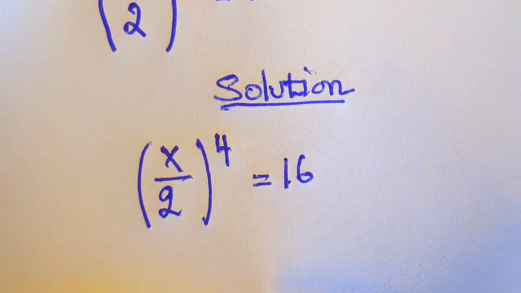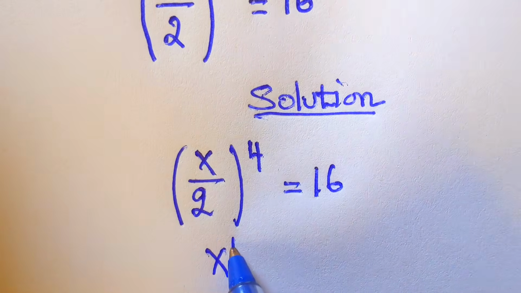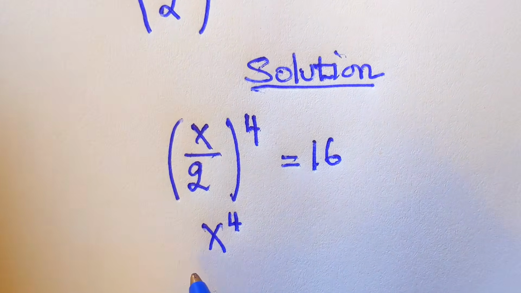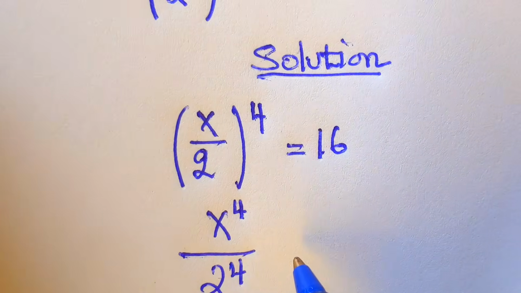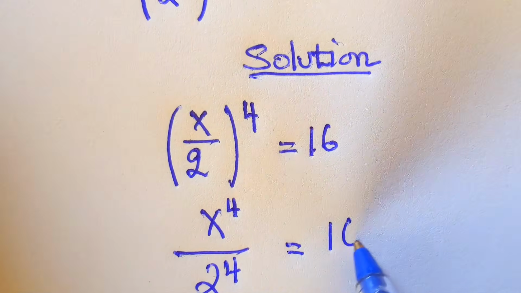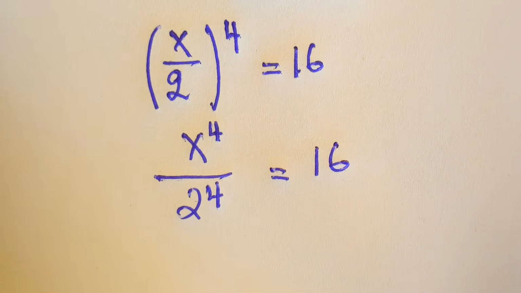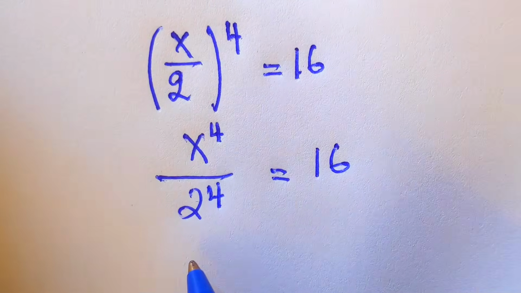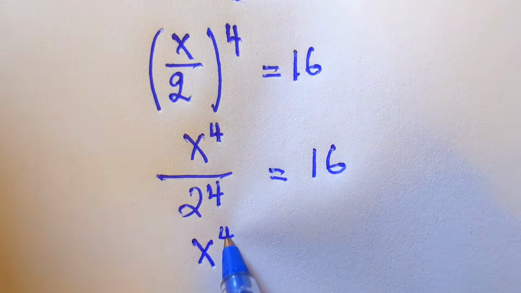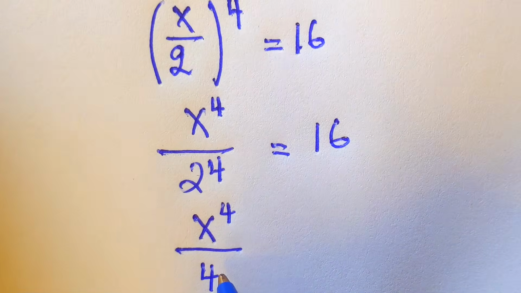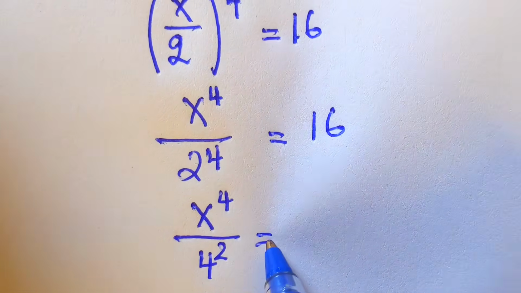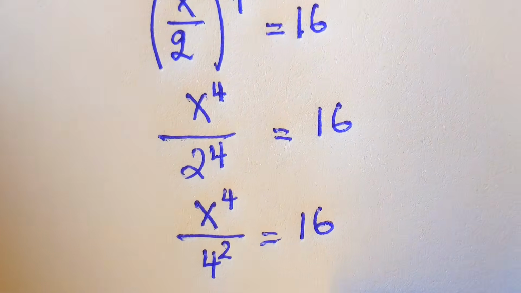Of course here we shall get x to the power 4 over 2 to the power 4, and this equals 16. We can write this as x to the power 4 over 4 squared equals 16.